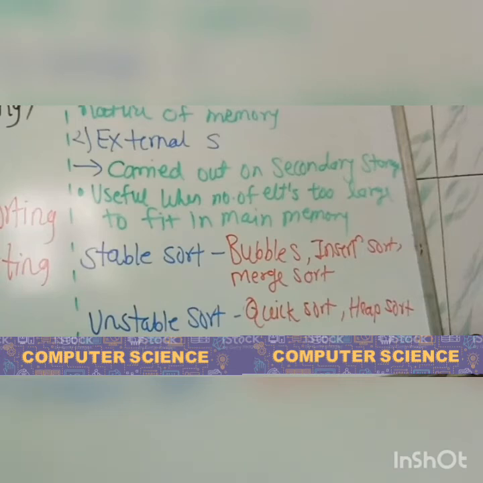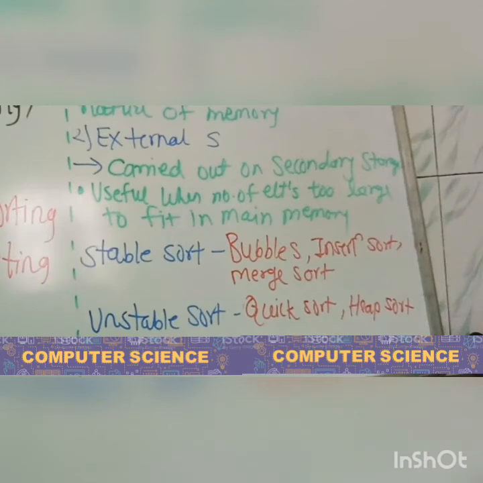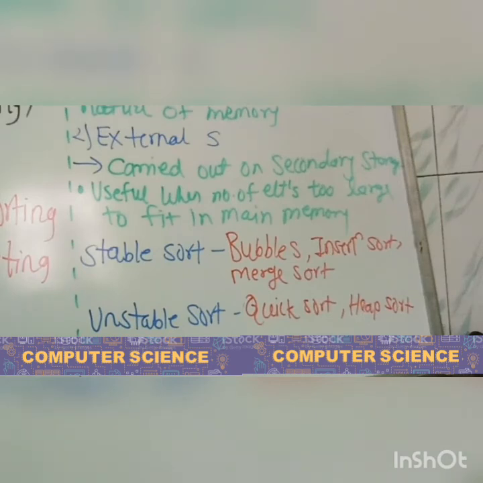Next, the sorting techniques that come under stable sort are bubble sort, insertion sort and merge sort. Meaning a few data elements will appear as they are in both the sorted and unsorted lists. Next is the unstable sort. Unstable sort is where not a single pair appears as it is in the sorted list, meaning no data will come to the same position after sorting.